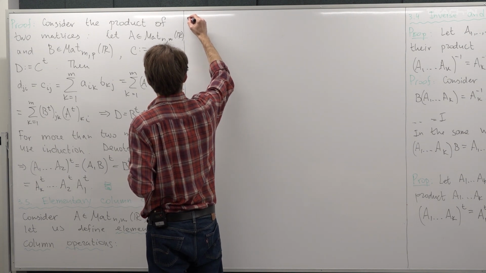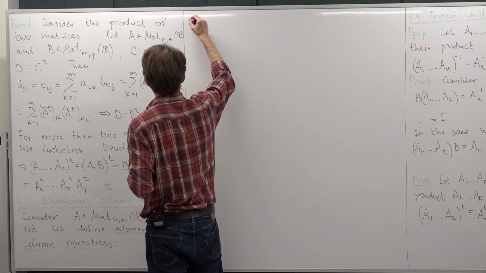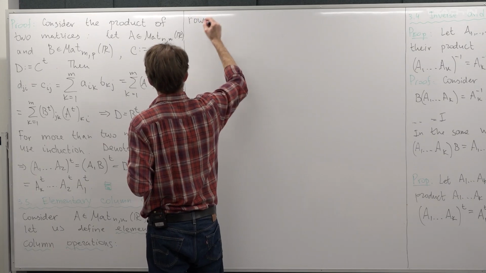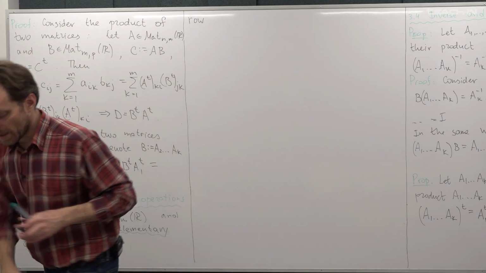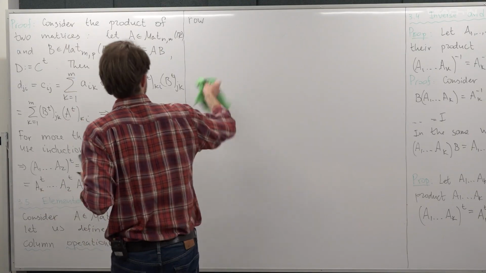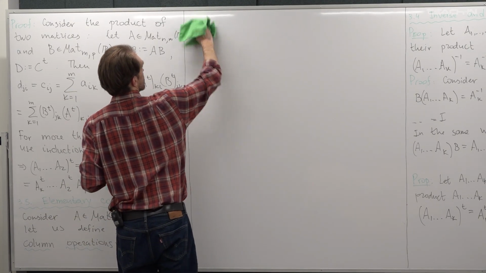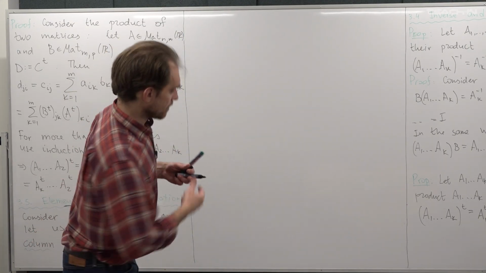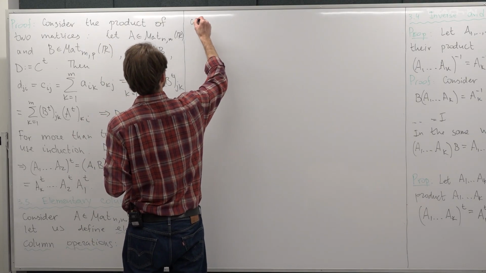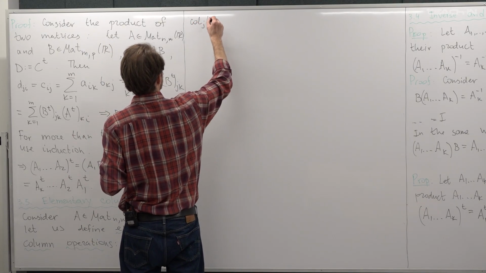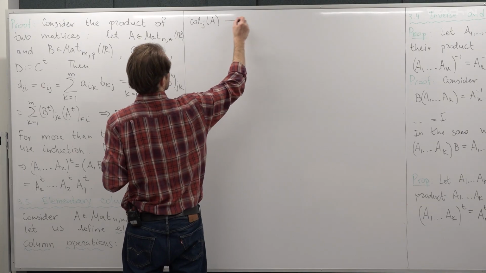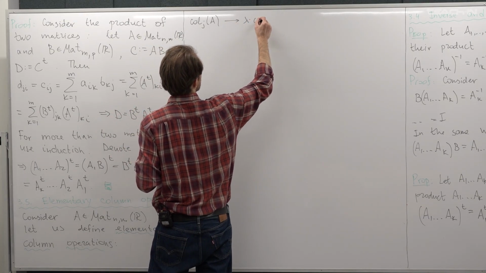We can multiply, sorry, not the row, but we can multiply a column by some scalar. So we take a column of our matrix. For example, we take the jth column of A and we multiply it by some scalar.